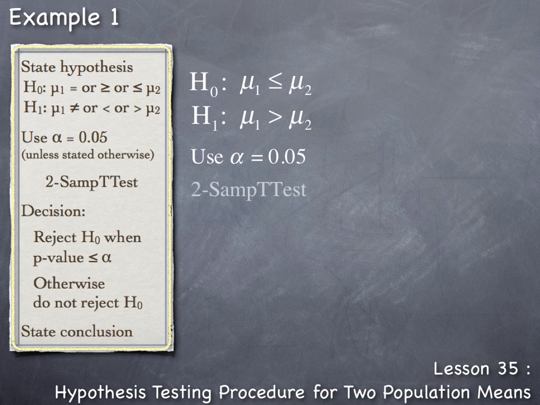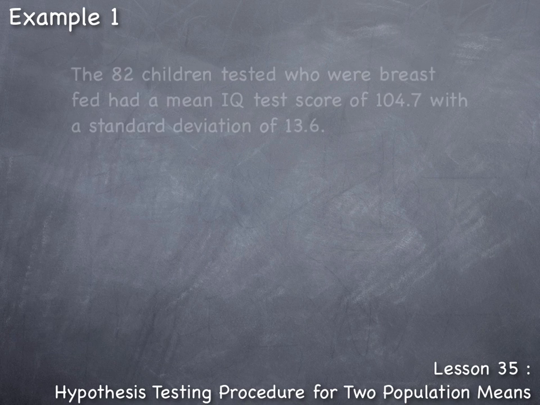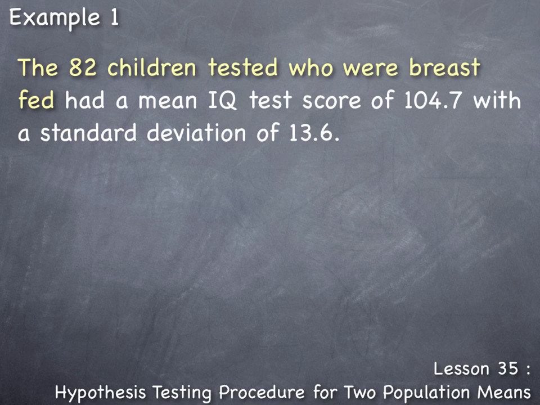Next, 2-SampTTest is the command on the TI-84 calculator that we use to calculate the p-value. But in order to calculate the p-value, we need our sample results. Looking at the sample results, the children who were breastfed were our first population, and the 82 children tested was the sample from that first population.